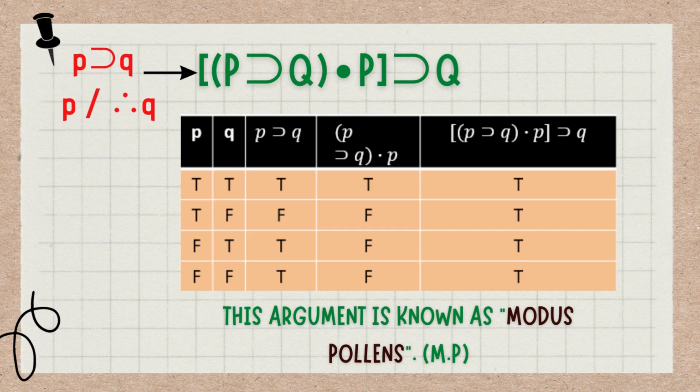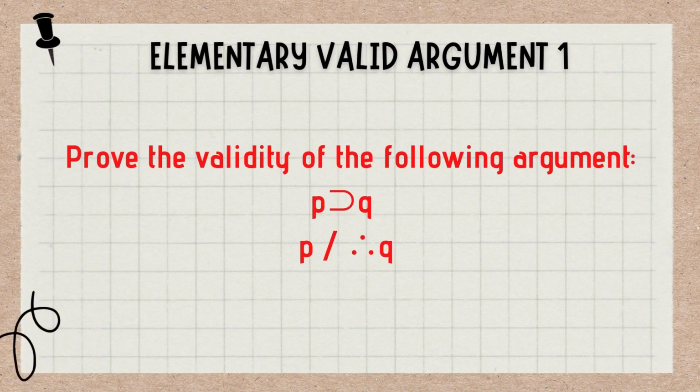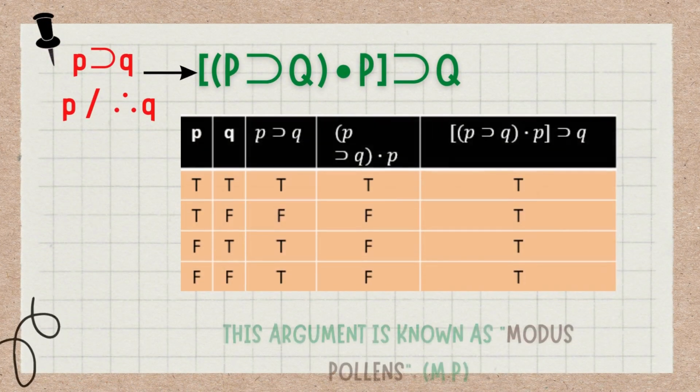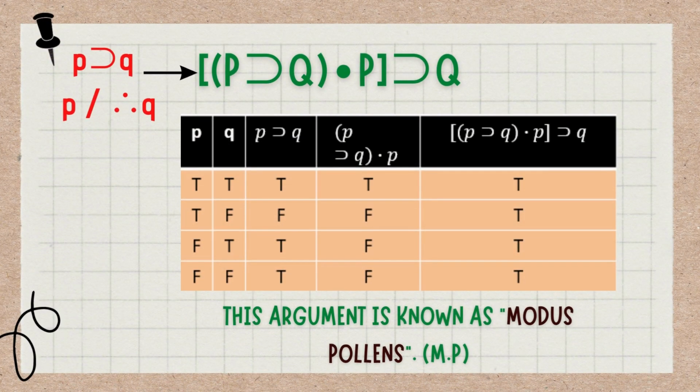If we make a truth table for this, the conclusion column will be all true. If an argument is in this form, we solve it like this, and we call this argument modus ponens, MP.